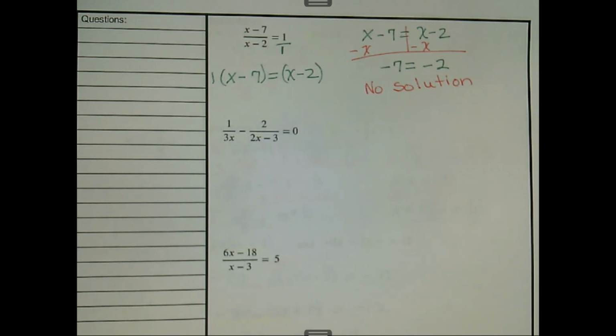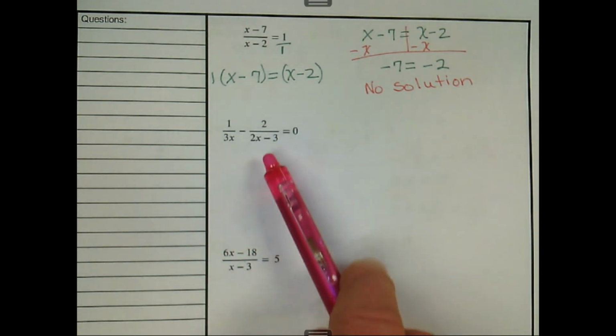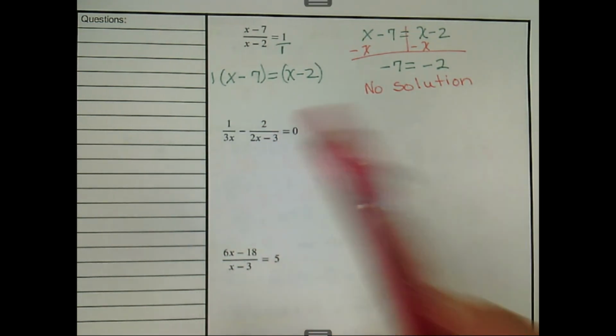Okay, so let's look at the next one. We've got 1 divided by 3x minus 2 divided by the quantity of 2x minus 3. I need to set it up as equivalent proportions. So how do I move this to the other side?